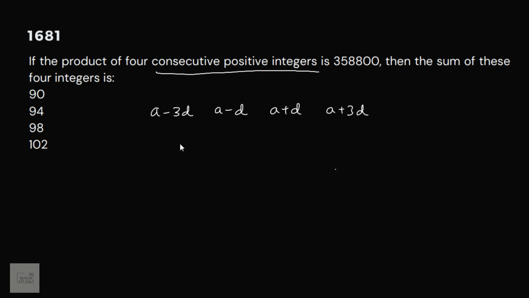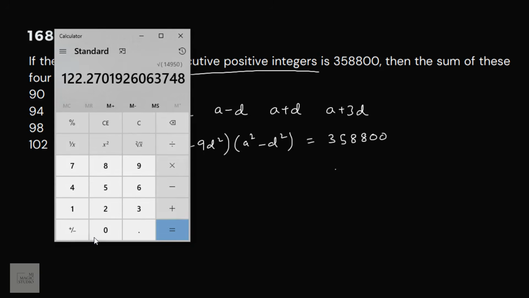Yes, when we multiply this, a square minus 9d square into a square minus d square equals 358,800. Now with help of calculator also we can very easily find this. 358,800, if I do the double, we are getting 24. That means numbers are very close to 24 and on.